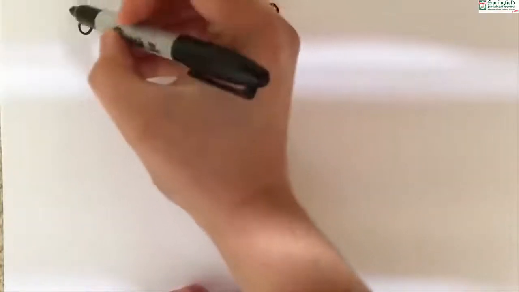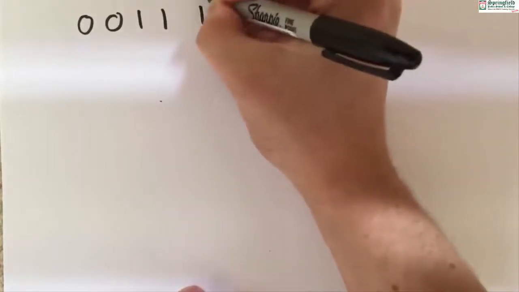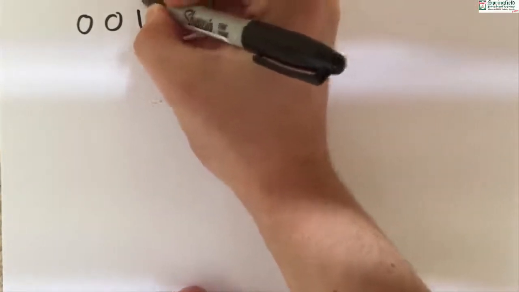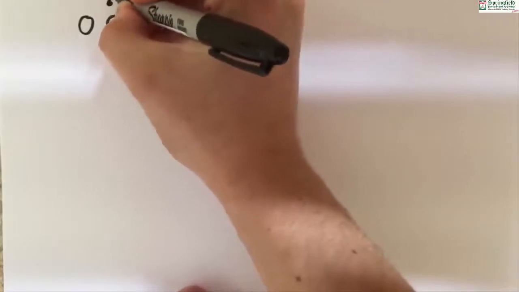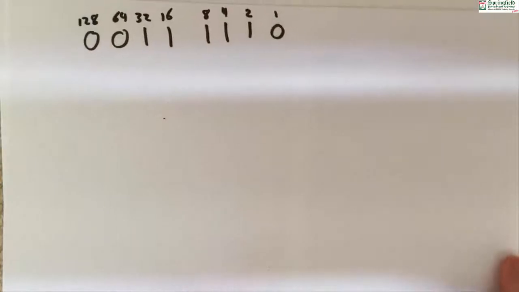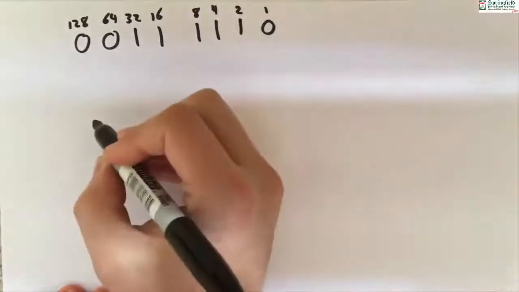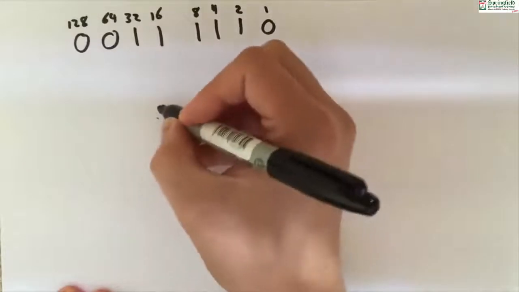So traditionally with binary we would look at this as the column headers being 1, 2, 4, 8, 16, 32, 64 and 128. But that's not going to work in our system to convert to hexadecimal. So instead we need to break it down into 2 component parts, and each of these works on the initial system.